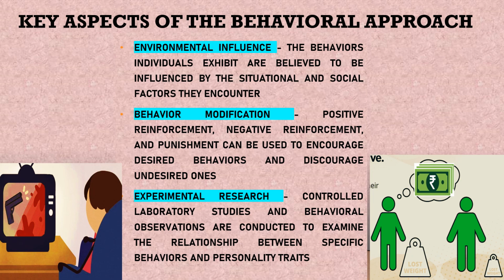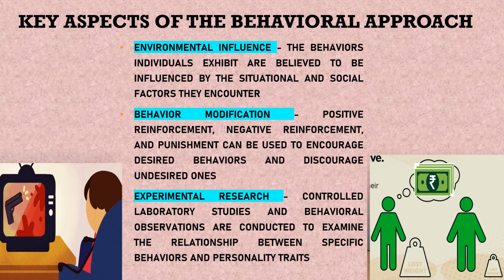Another key aspect is experimental research. Similar to the broader behavioral approach, the study of personality from a behavioral perspective often employs experimental research methods. Controlled laboratory studies and behavioral observation are conducted to examine the relationship between specific behavior and personality traits.